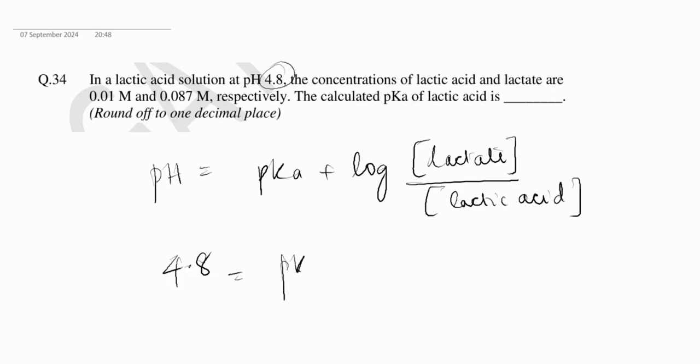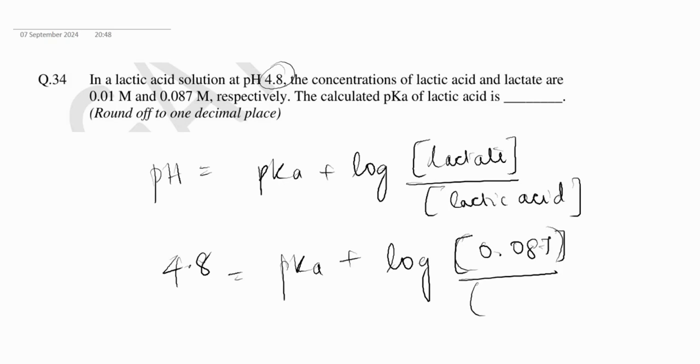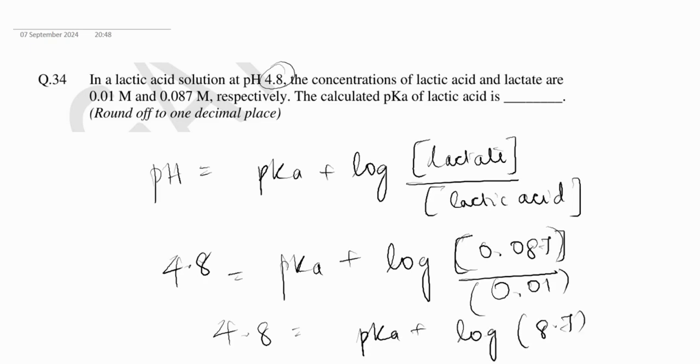So 4.8 equal to pKa, which we are supposed to find, plus log of the concentration of lactate, 0.087, divided by 0.01. So that gives you 4.8 equal to pKa plus log 8.7.